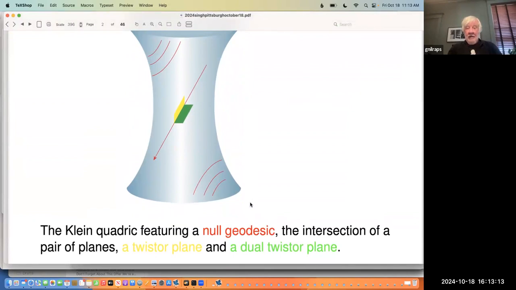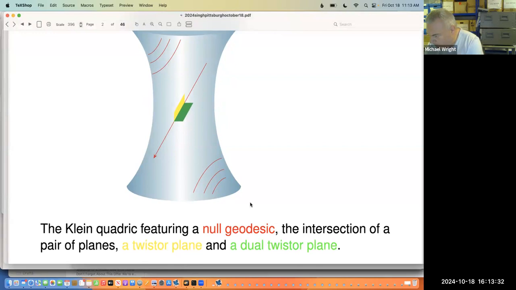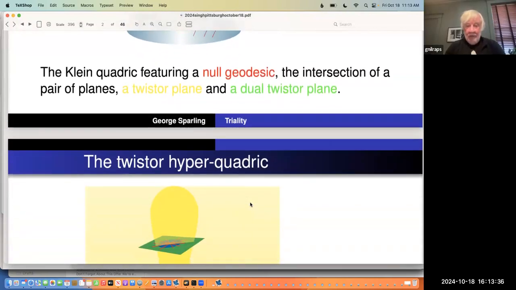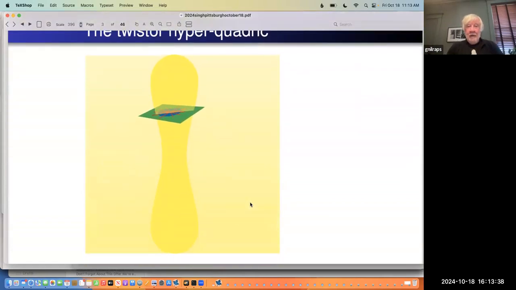The Klein quadric is a four-dimensional gadget, and it's ruled by these lines, and it has in it planes. The planes are what are called twistor planes, and then there's another kind of plane, the dual twistor plane. A lot of people will know all this stuff, so I just want to show you pictures for the moment.